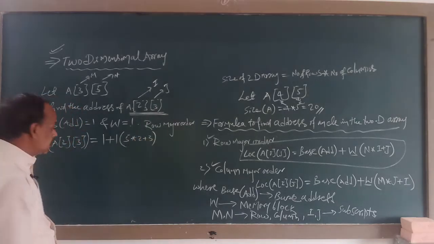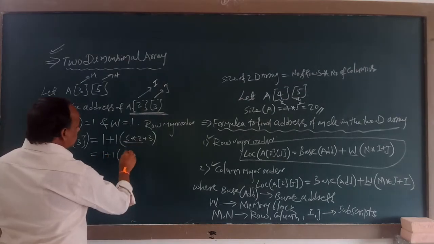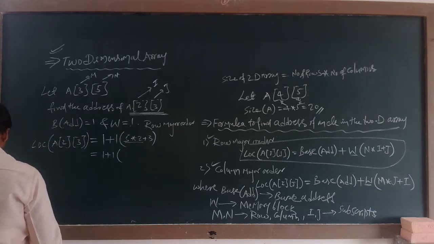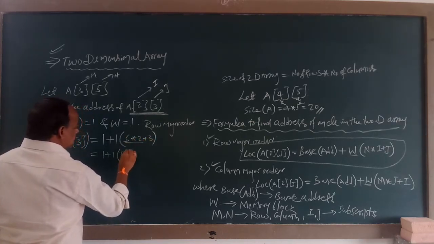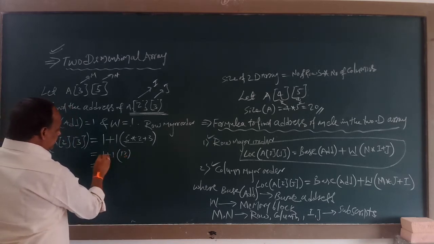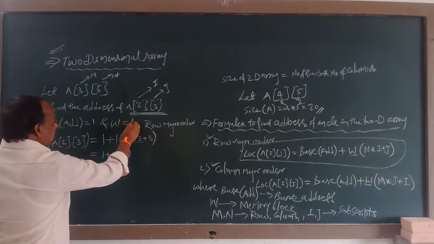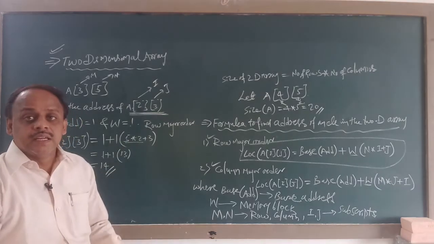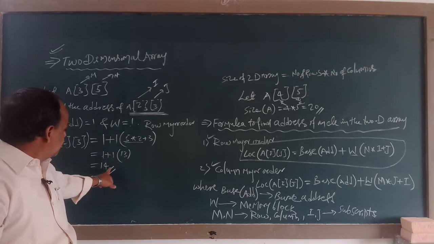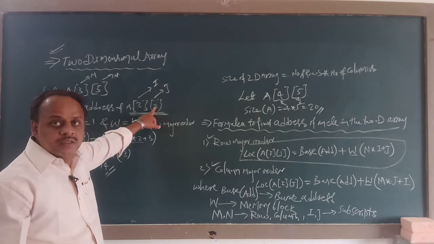Simplify it: 1 plus 1 into bracket of 5 into 2 plus 3. Multiplication comes first: 10, 10 plus 3 is 13. So 1 into 13 is 13, plus 1 is 14. 14 is the address. That means the 14th is the address of this 2, 3 location.